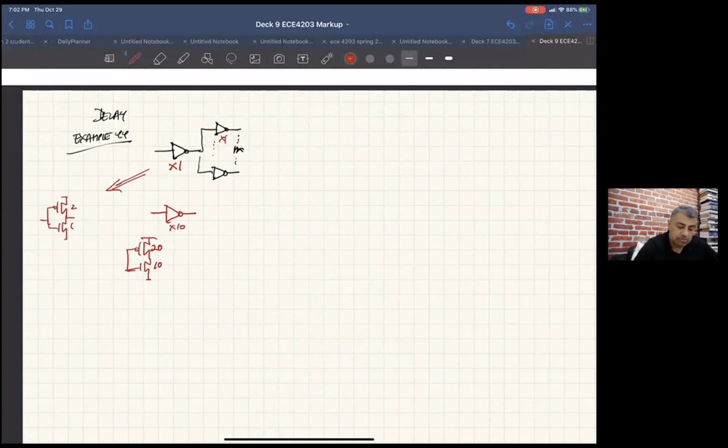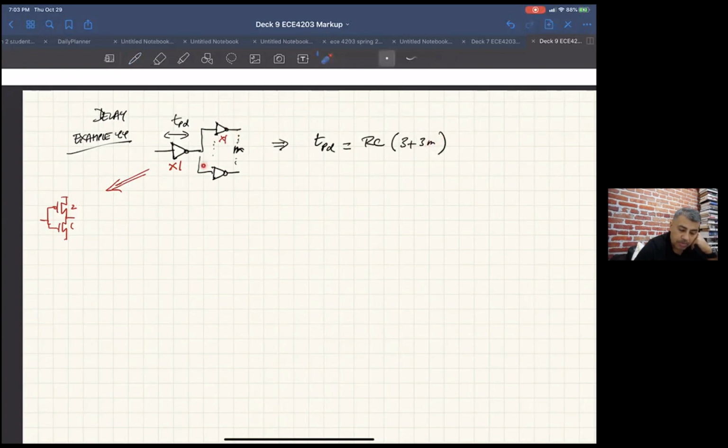So basically in example 4.4, we had a small minimum size inverter driving M other minimum size inverters. And we ended up with an equation for the delay through this guy of RC times 3 plus 3M, where again M was the number of inverters you were driving like yourself.